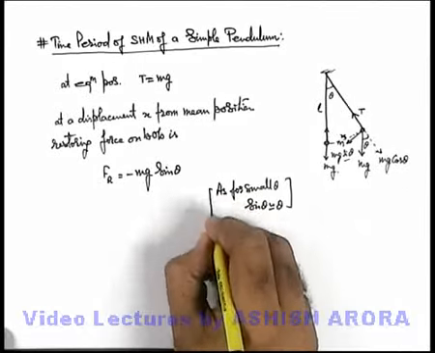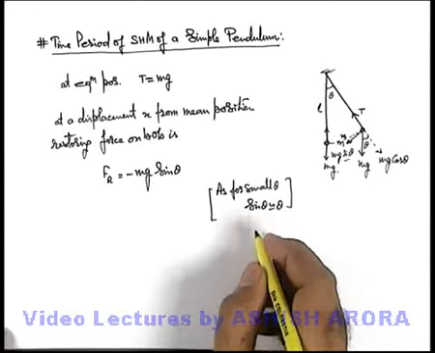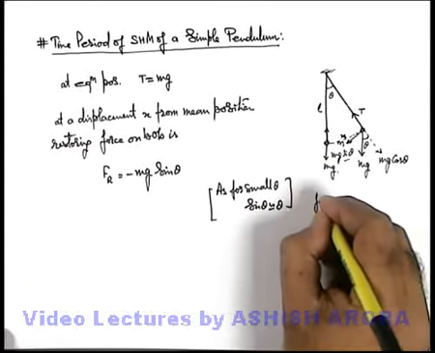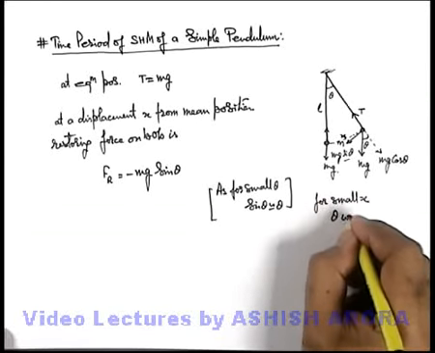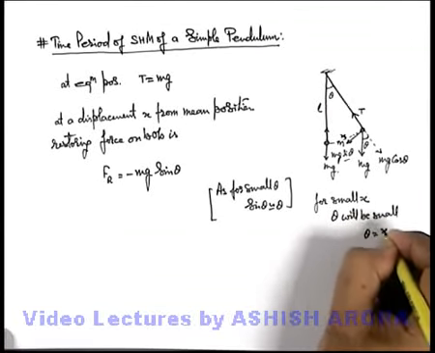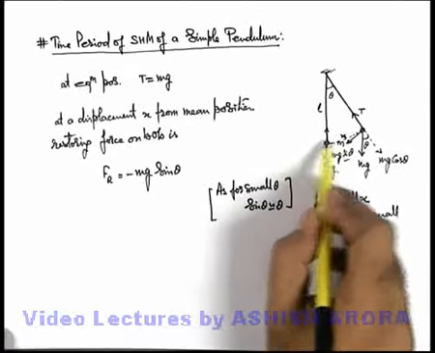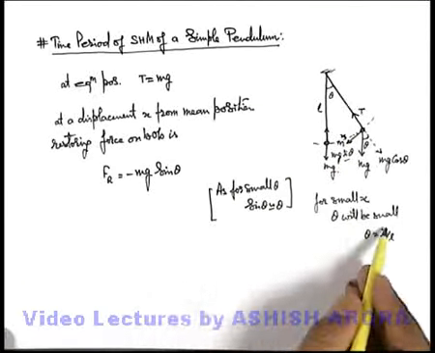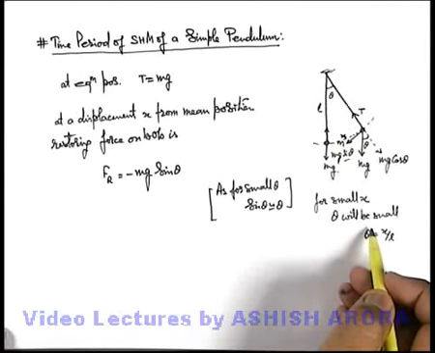We can take sine of an angle as approximately equal to the numerical value of the angle for small angles. So if x is small, that is for small displacements, theta will be small, and the value of theta can be written as x by L, because x will be the arc length and L will be the radius of the circle in which the bob is being displaced, and x can be approximated as a straight line for small values of theta.